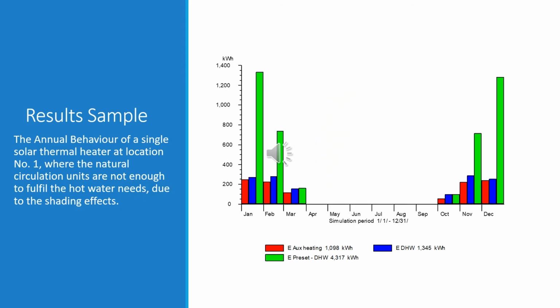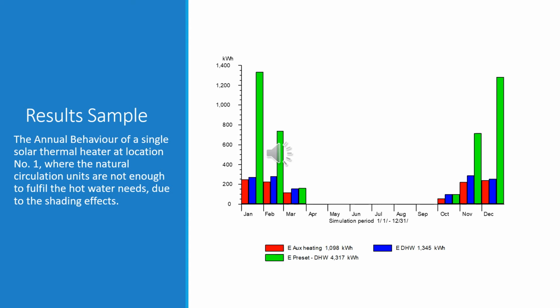In the next slide, we can see the results of the TSOL program simulation, where the green bar represents the total load, the blue bar represents what is offered by the solar water heater, and the red bar represents what is offered by the auxiliary system.